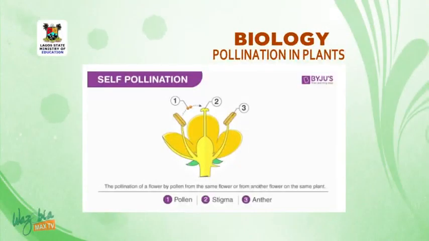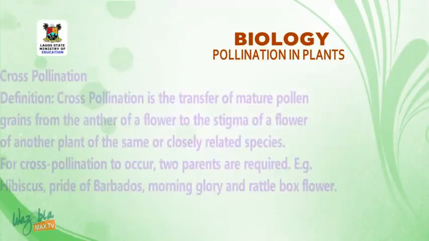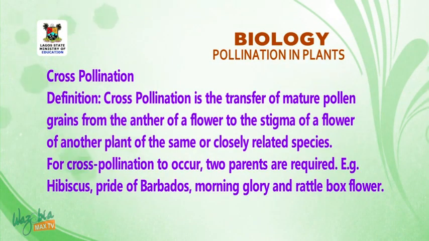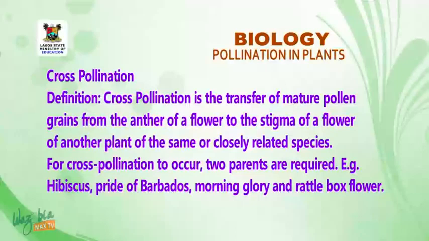Now we go to cross-pollination. What is the meaning of cross-pollination? Cross-pollination is the transfer of mature pollen grains from the anther of a flower to the stigma of a flower of another plant of the same or closely related species.